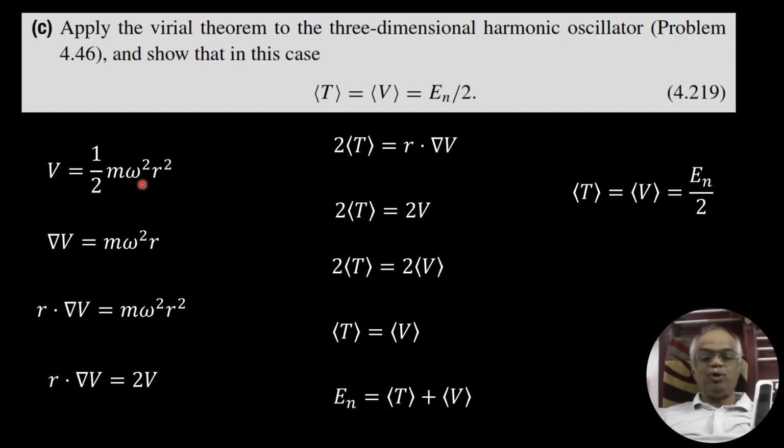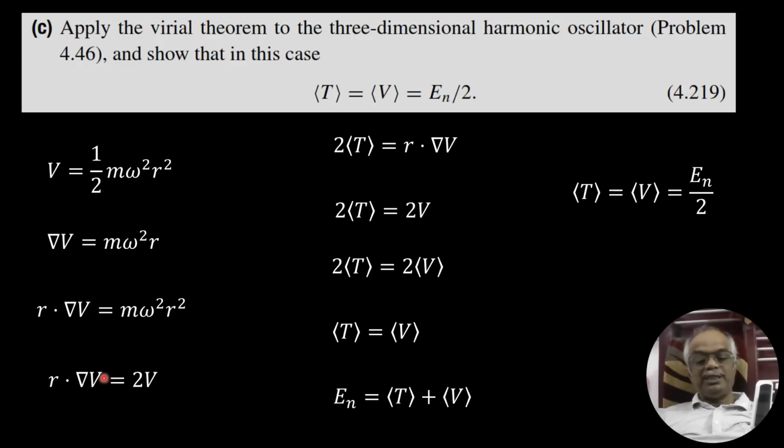In the case of one dimension it is x squared. Because it is three dimension, it is r squared. If you differentiate r squared, you will get 2r. 2 will get cancelled, so you will get mω²r. If you multiply this by r, that is r dot ∇V is equal to mω²r².